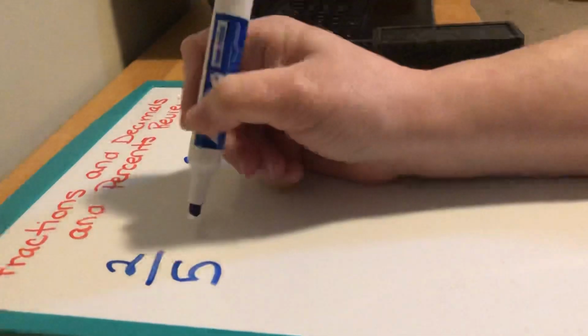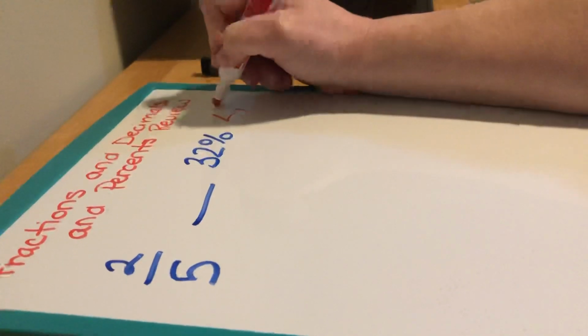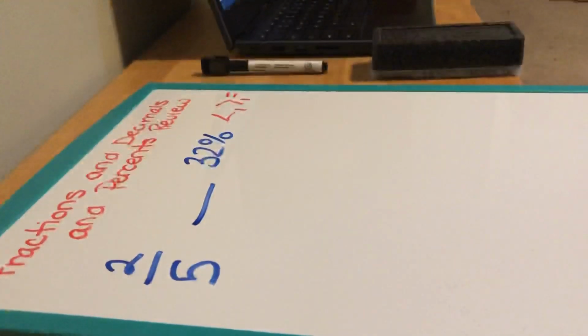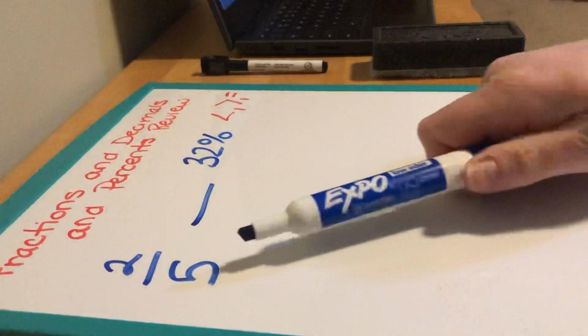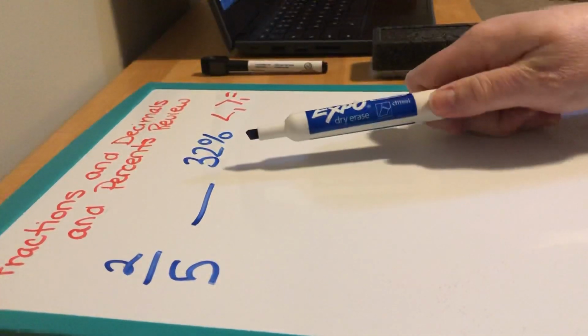In this space, they want me to put either greater than, less than, or equal to. But I can't compare fractions and percents. It just doesn't work. So it's easier to turn this fraction into a percent, and then I can compare.